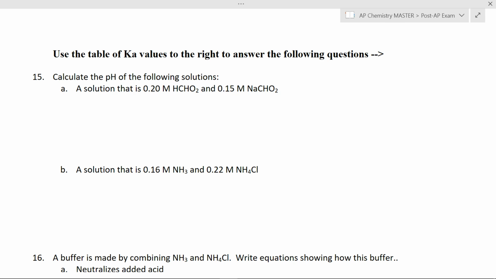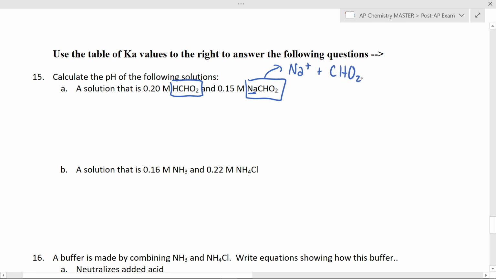HCHO2 and NaCHO2. What you want to recognize here when you're mixing these two things together is to say, gee, those formulas look awfully similar. And so you want to recognize that this is a weak acid and its conjugate base. Because remember this, we see the sodium there, that tells you it's an ionic compound. So when you stick it in water, it's going to split apart into sodium ions and then the CHO2 minus ions.